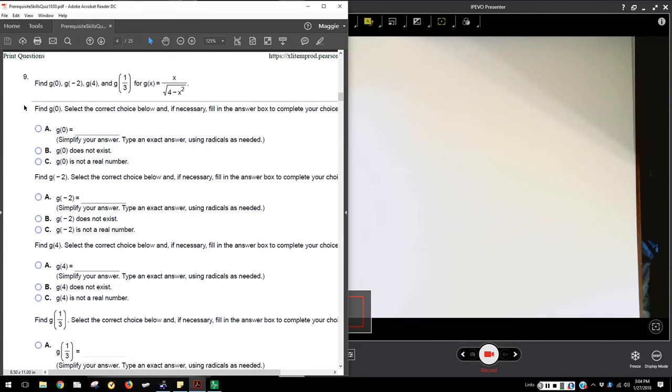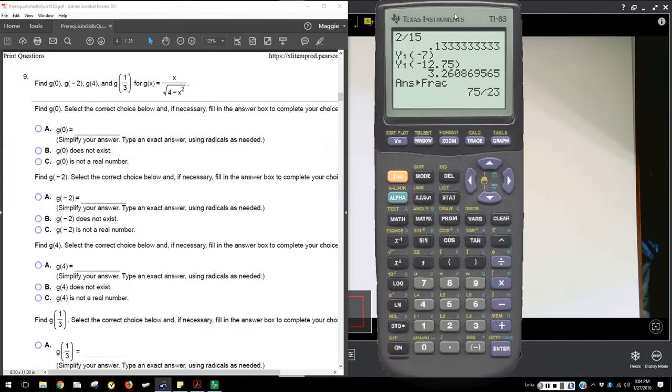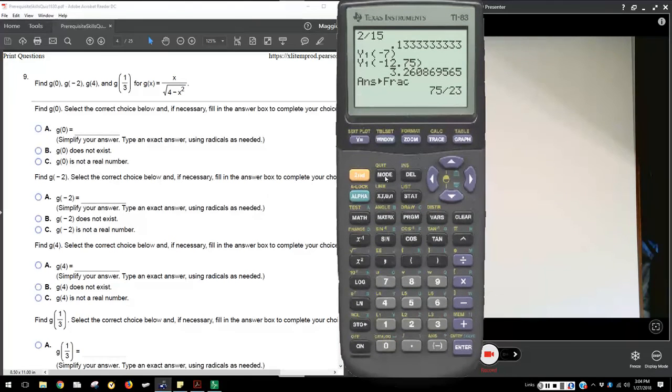Here we're given another function. And since all of the inputs here are numerical inputs, I'm going to choose to put this function in the graphing calculator and get answers. So rather than write anything on paper, I'm going to go to y equals, and the numerator of this function is just simply x.